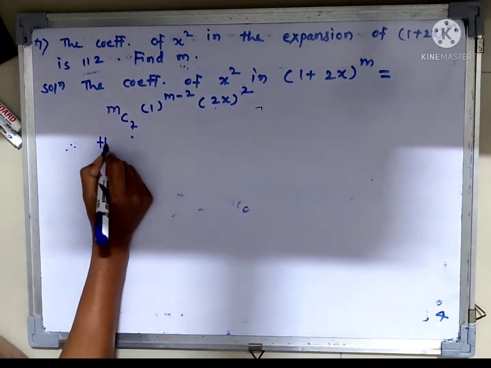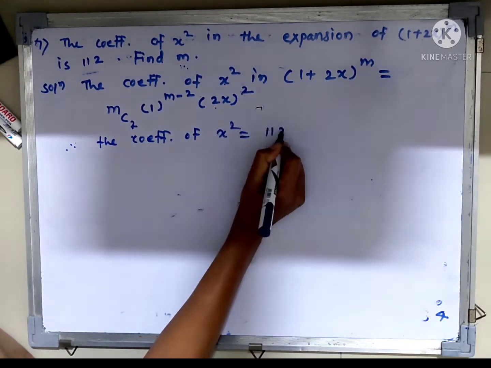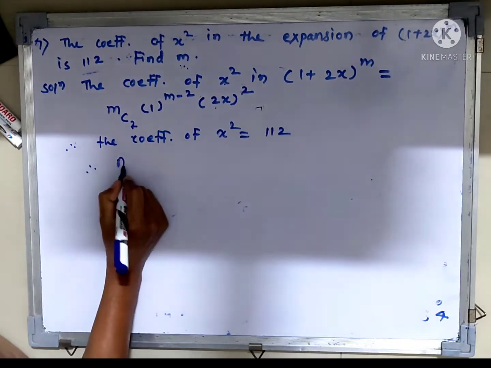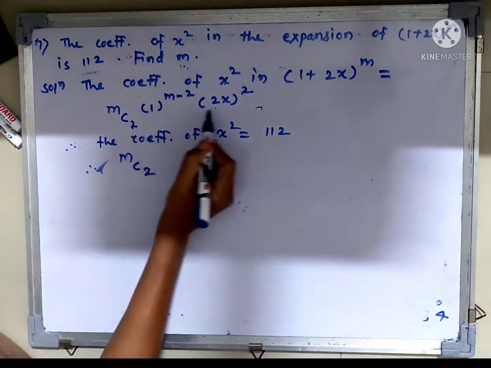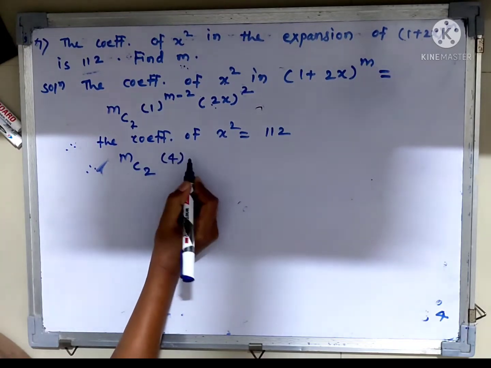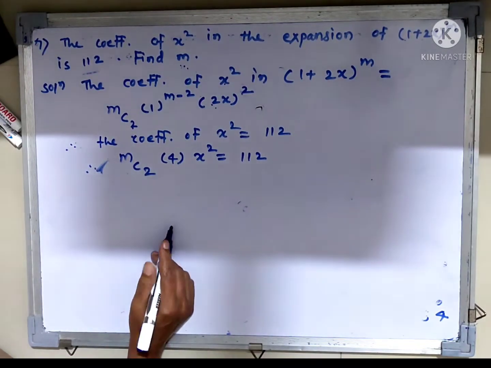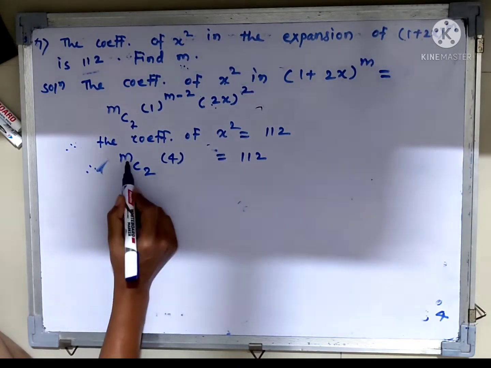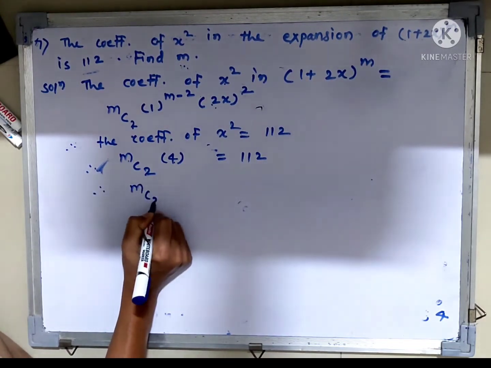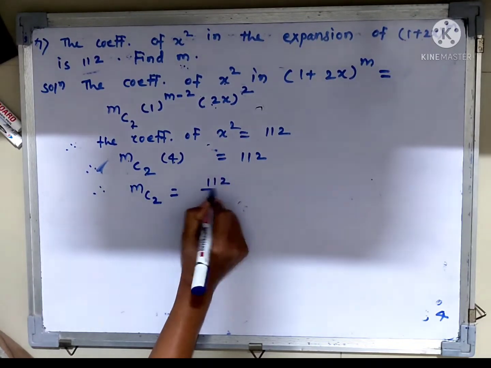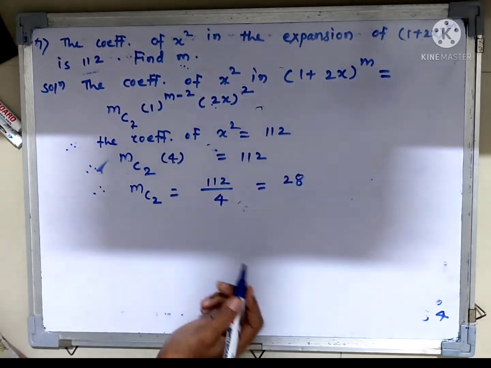Therefore the coefficient of x square, which is given as 112, therefore mC2, this 1 will come, 2 square means 4 will come, into x square, it is given as 112. So we will not take x square, okay. So we only take mC2 into 4 which is equal to 112. Therefore mC2 which is equal to 112 divided by 4 which is equal to 28.